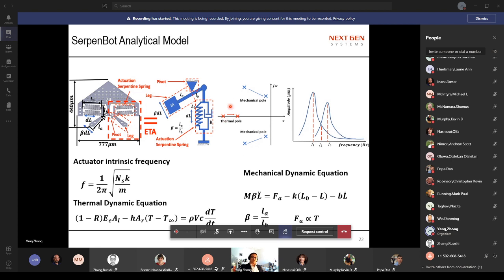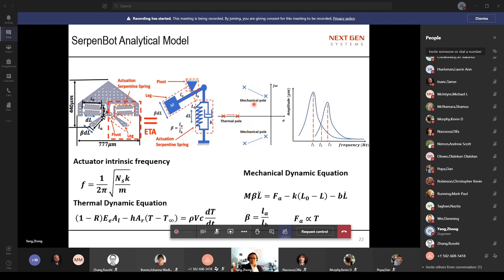In our SharpBot, we can see the thermal pole is dominant, which means the thermal pole is in front of the mechanical pole. That's why the SharpBot performs like a 1st order system. If we want the microrobot to have a controllable behavior, we want the mechanical pole in front of the thermal pole.